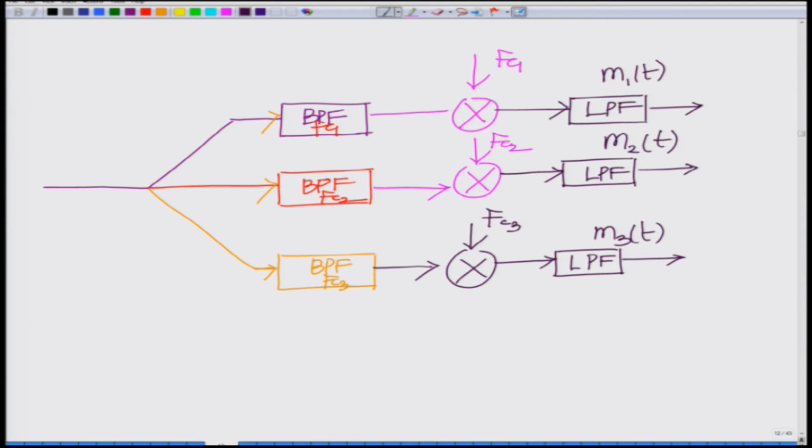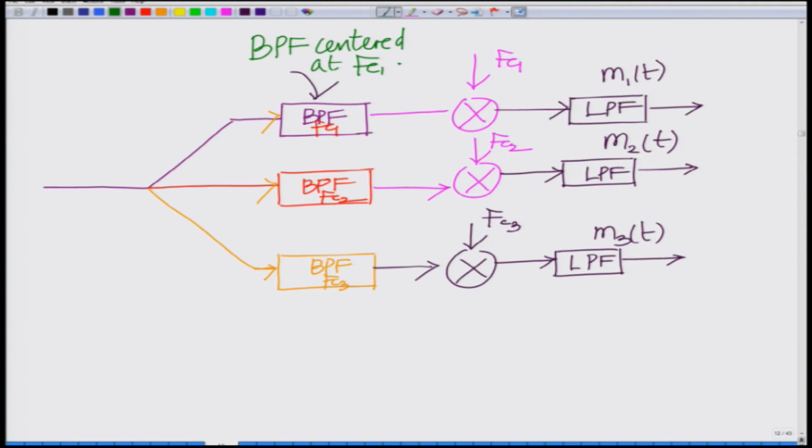Okay. So, you are demodulating with FC1. This is the band pass filter centered at FC1. Then demodulate by carrier frequency FC1. Next we have a band pass filter centered at FC2, demodulate with carrier frequency FC2, band pass filter centered at FC3, demodulate with carrier frequency FC3.